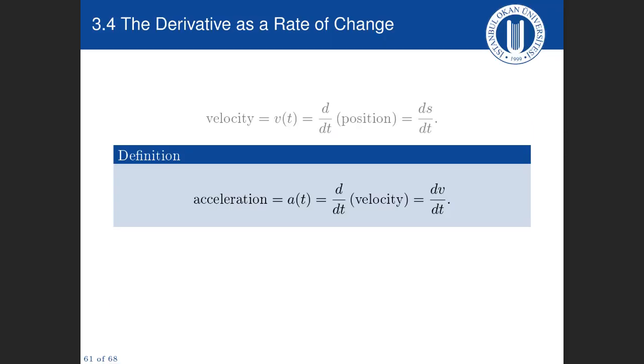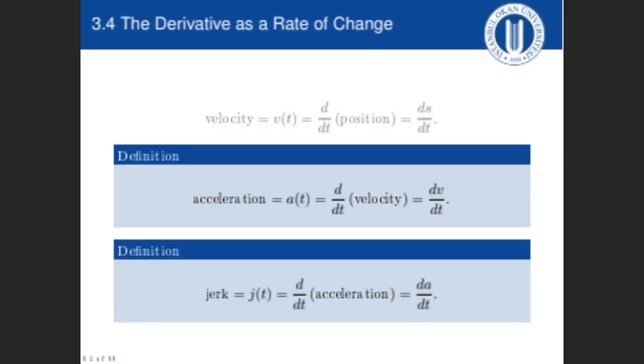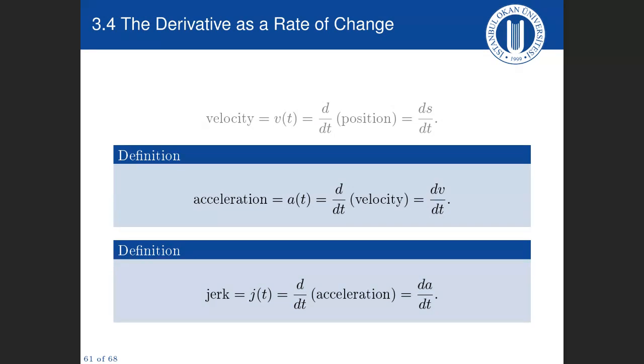The derivative of velocity is called acceleration. Acceleration, or a of t, is the derivative of velocity, or dv/dt. And what is the derivative of acceleration? The derivative of acceleration is called jerk, or j of t. That's da/dt.